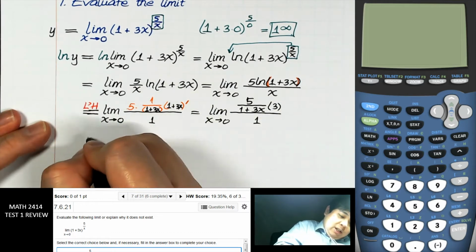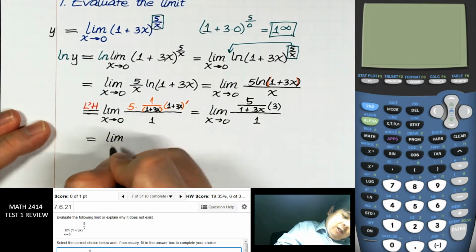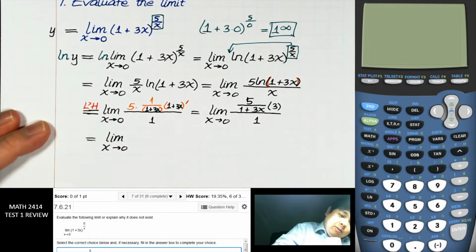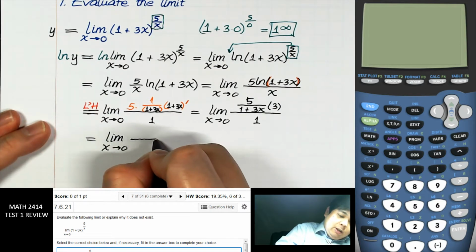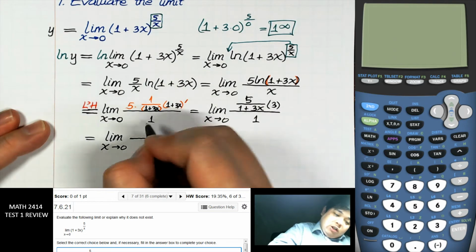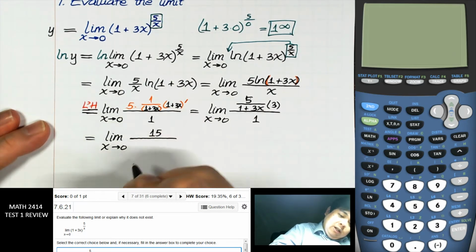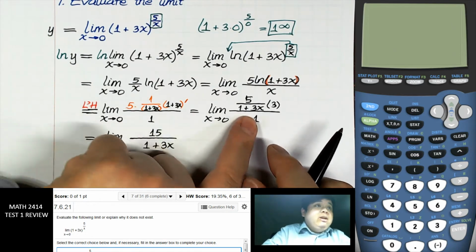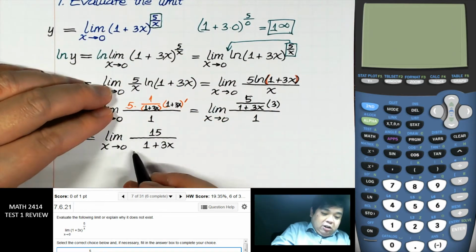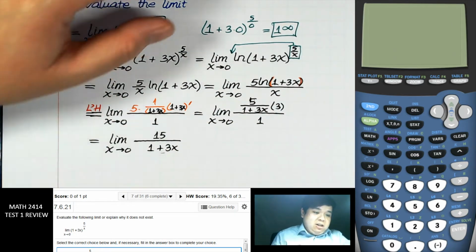We just say the limit as x goes to 0, multiply the 3 on top, we have 15 over 1 plus 3x. And then the derivative, all of that divided by 1, but we don't need to write it like that. So it's this.